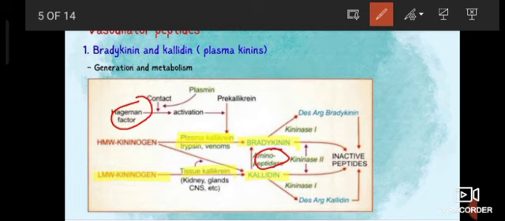Metabolism of kallidin and bradykinin occurs by kininase 1 and kininase 2. Kininase 2 is also called angiotensin converting enzyme. Kininase 2 and kininase 1 convert bradykinin and kallidin into inactive peptides.